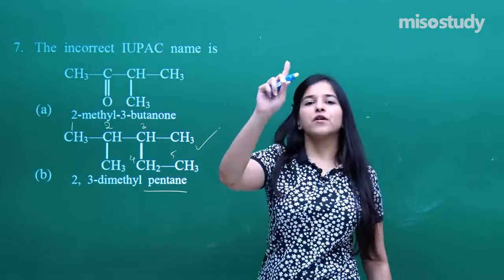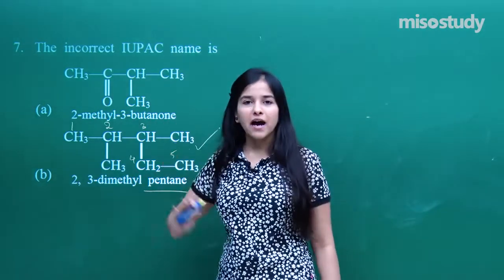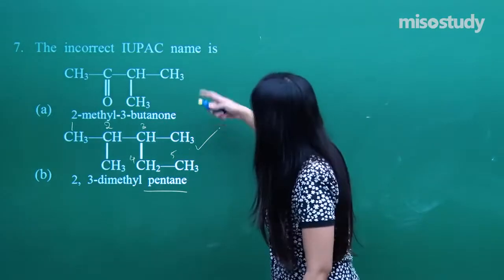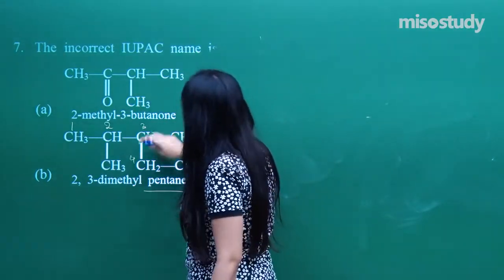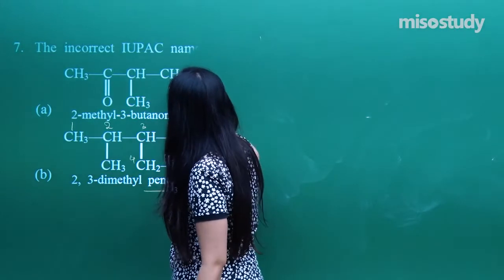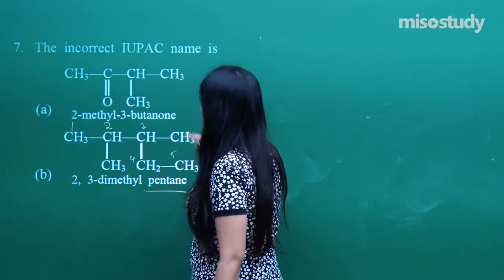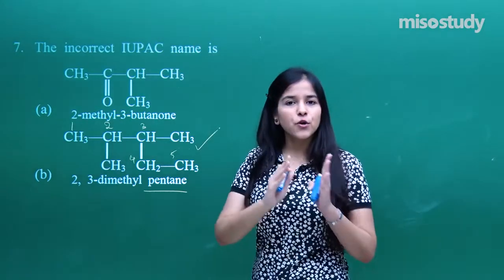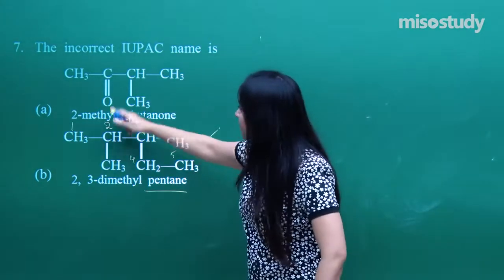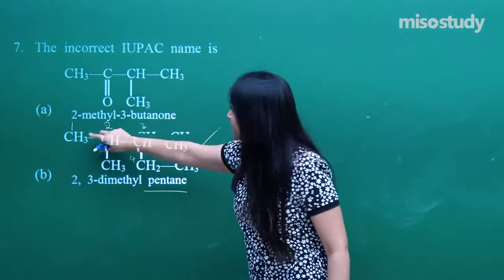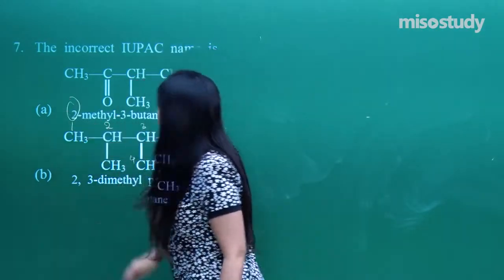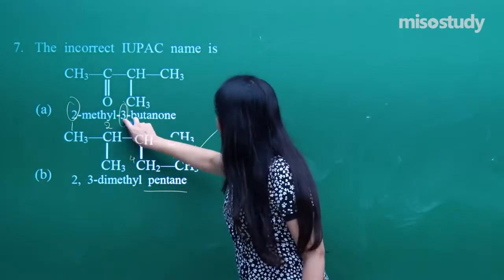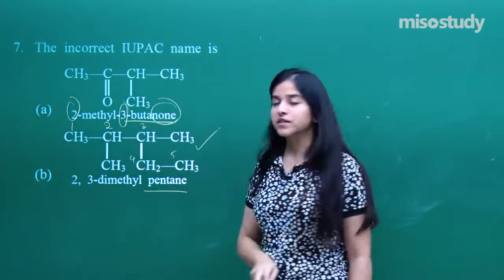Now there is only one possibility left, which would be our answer. That means this would be incorrect. So let us check it out. They have got 2-methyl-3-butanone. As per the preference order, I need to prefer the functional group instead of the substituent. But over here they have preferred the substituent, giving the lowest number to the substituent instead of 3, which is given to the ketone.